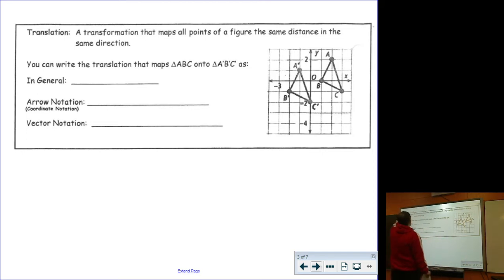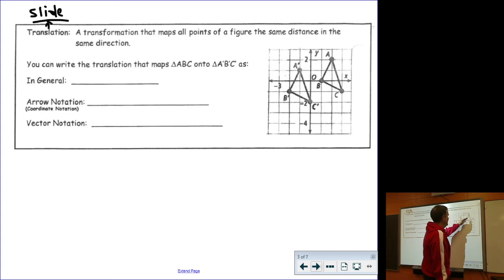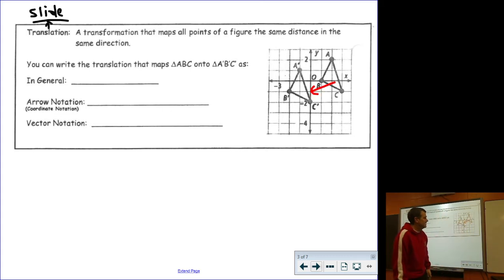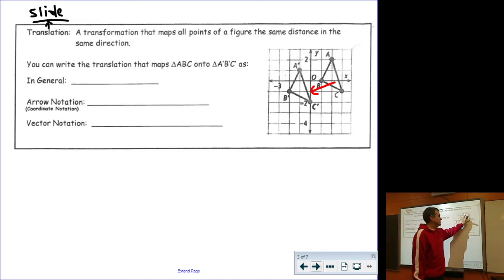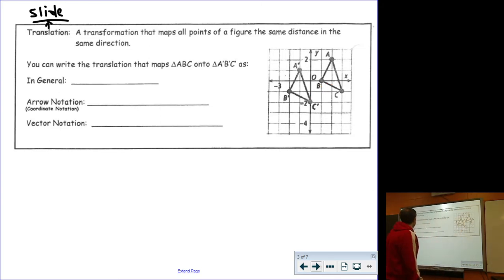Sometimes a translation is simply called a slide, because a translation is really when you just take a shape and you slide it across the graph. It looks like triangle ABC up here. If I just slide it to the left and down a little bit, it would match up with triangle A prime, B prime, C prime. This is a translation or a slide.